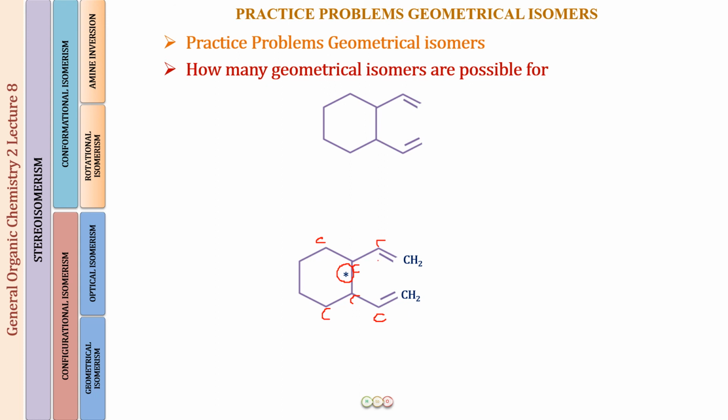But what you can see is across the double bond, this carbon is having two hydrogens. This is also having two hydrogens. So the carbon of the carbon-carbon double bond is having the same groups on one side. So this will not be showing geometrical isomerism. This will also not be showing geometrical isomerism. So we have just one stereogenic center for this structure. All right. And that is going to be the cycloalkane ring. So X is going to be 1, and the number of geometrical isomers possible for the structure is going to be again 2 to the power 1, that is 2.